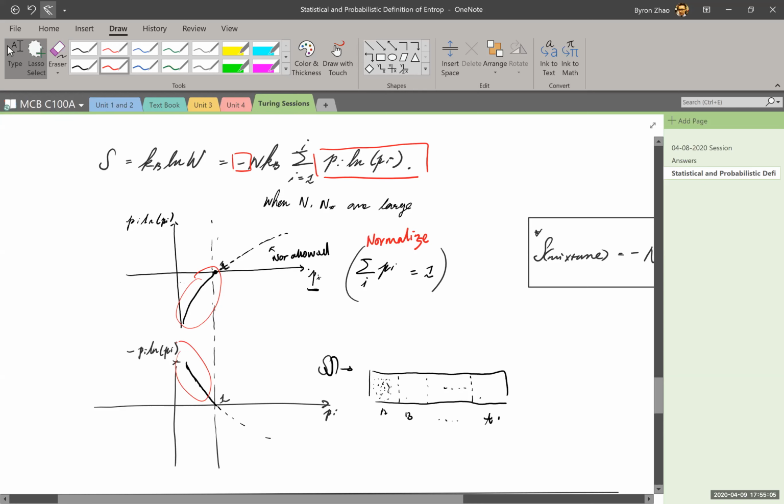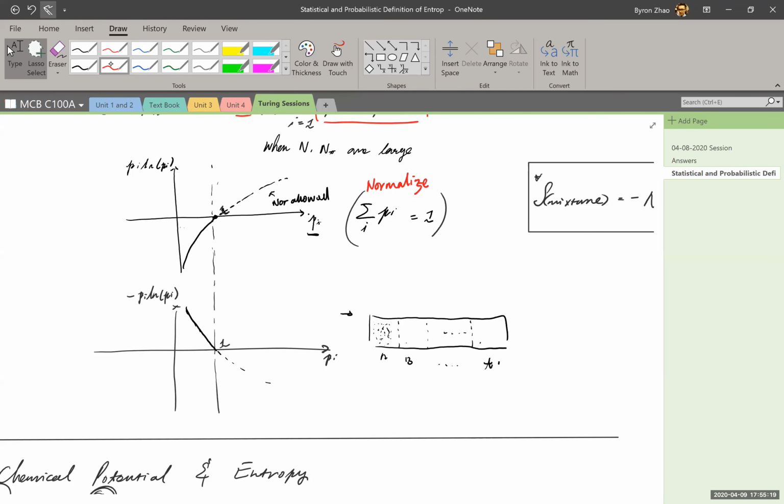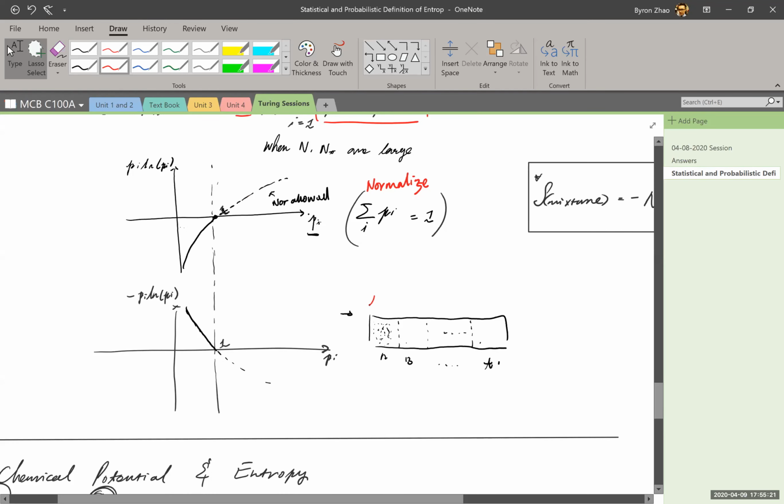So if we imagine a situation where we restrict all of the particles to box A, that means PA equals 1 and PB equals 0, all of the other P equal 0.